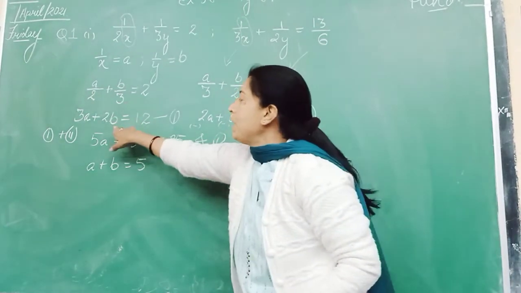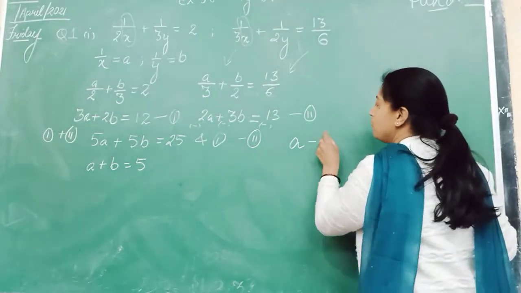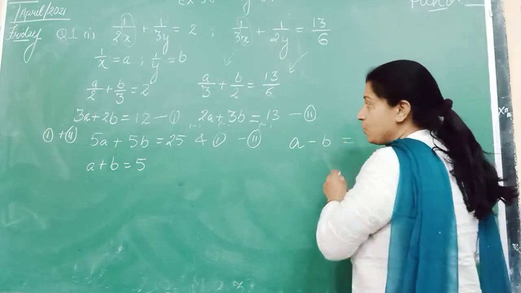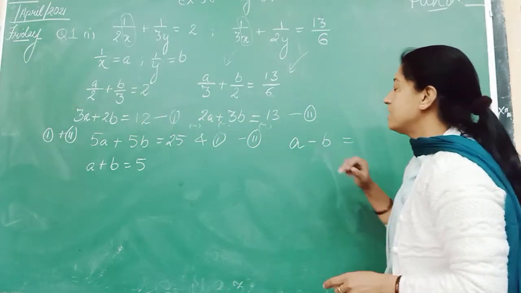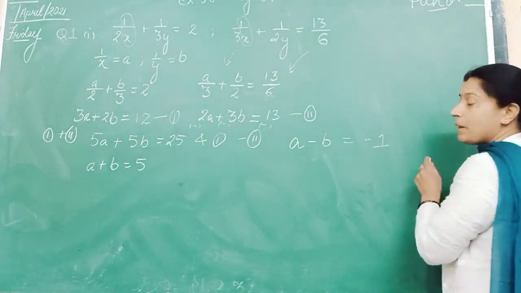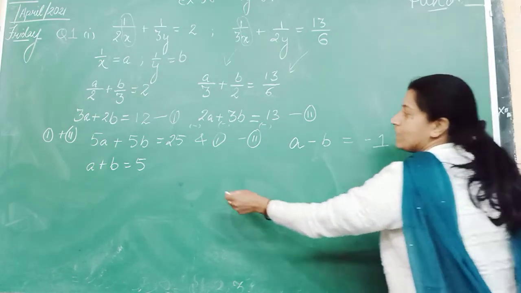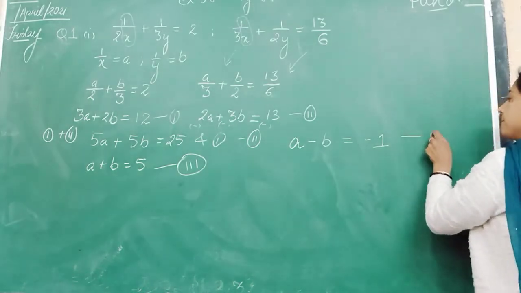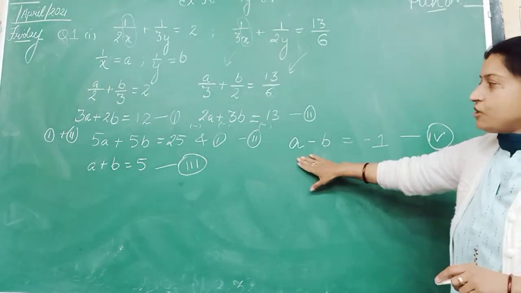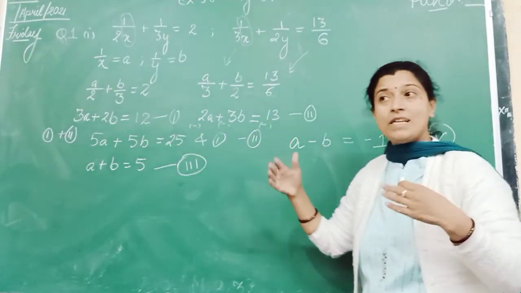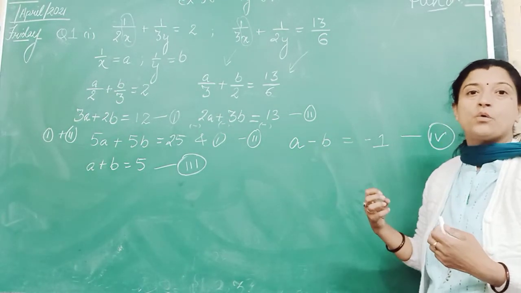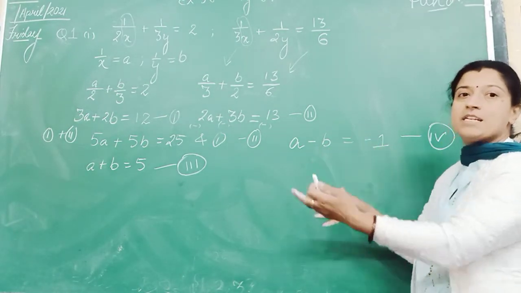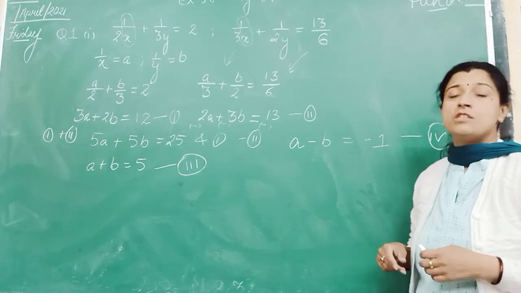So plus 2b minus 3b would give you minus of b is equal to 12 minus 13. 12 minus 13 will give you minus of 1. Okay, so what has this operation done is, the equations that now we have in hand are quite simple. Their coefficients have become small, so it's only a plus b, a minus b in this form, which is much easier to deal.